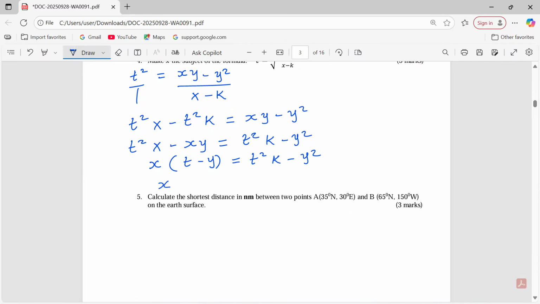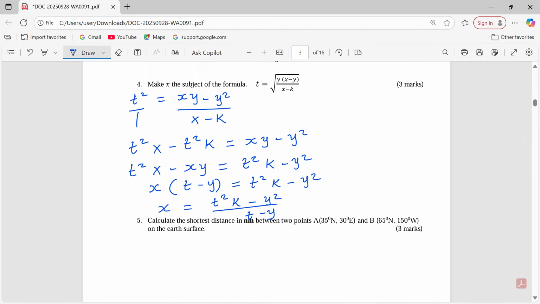Then how do you remain with x? You divide t squared k minus y squared by t squared minus y so that I remain with x alone.